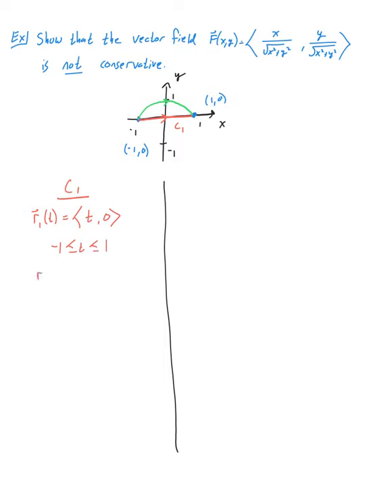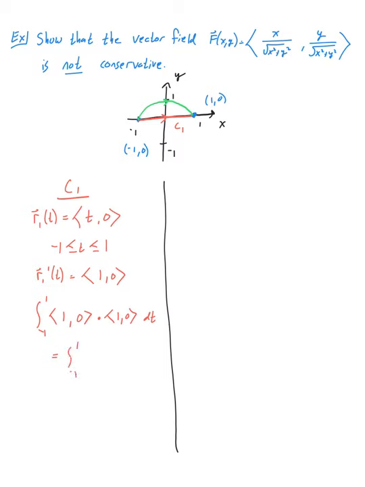Now, the derivative of this, r sub 1 prime of t, is equal to 1 comma 0, and now it's time to set up our integral. So the integral from negative 1 to 1, so we're going to plug in our parameterization into our function capital F. We just end up with 1 comma 0, and then we're dotting that with r1 prime of t, which is 1 comma 0 dt.